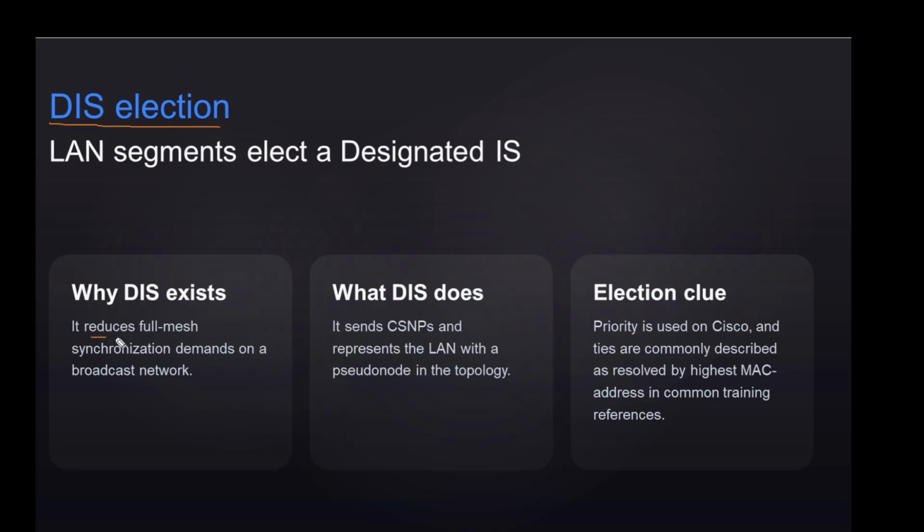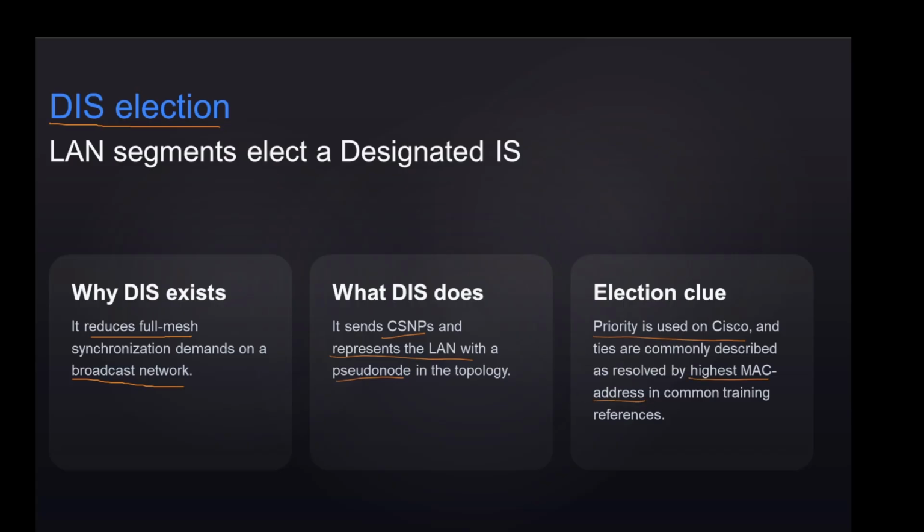It's done to reduce the full mesh requirement and to ensure synchronization on a broadcast network type. We use priority to elect the DIS on a LAN segment, and the interface with the highest priority is elected as the DIS, but in case of a tie, the highest MAC address becomes the tiebreaker.